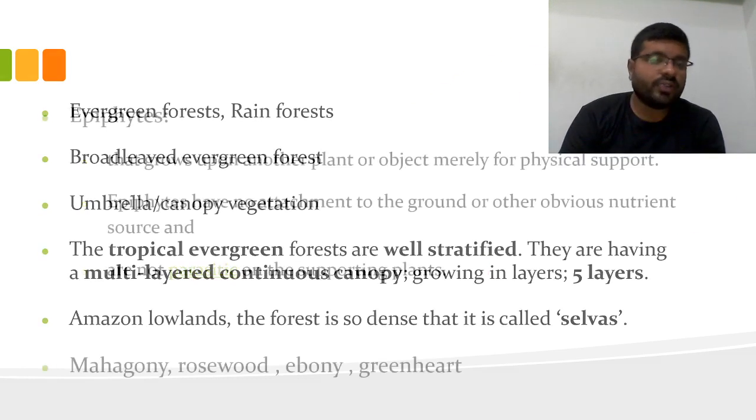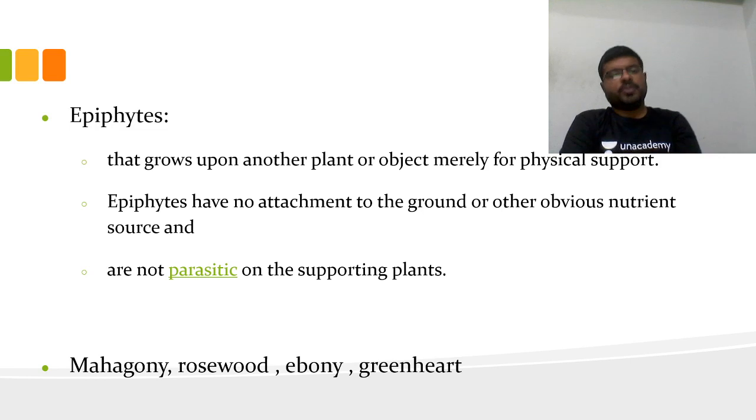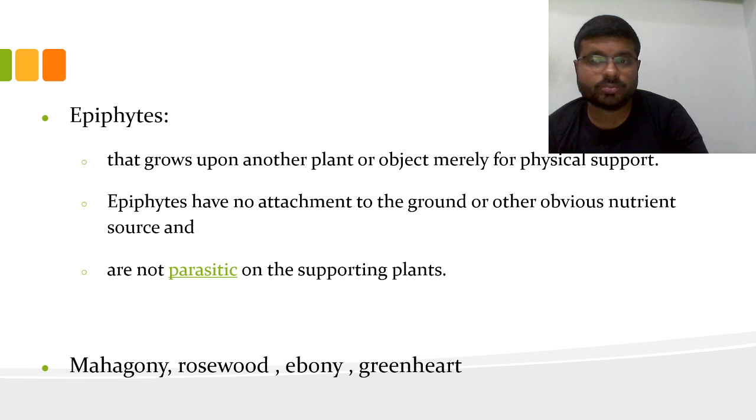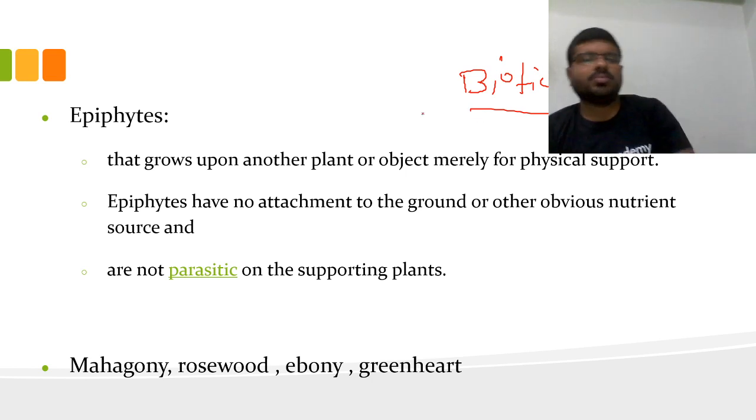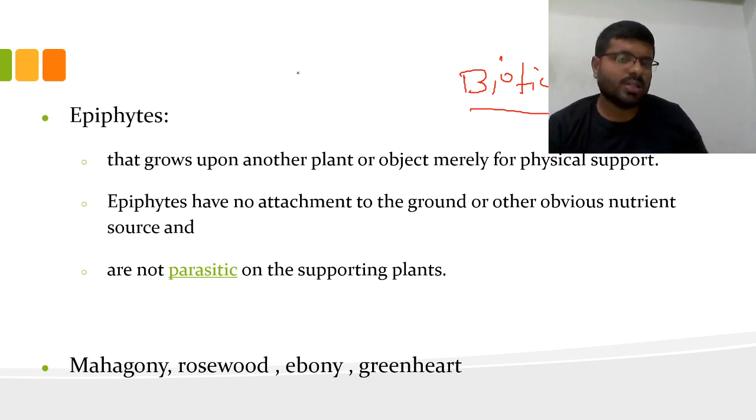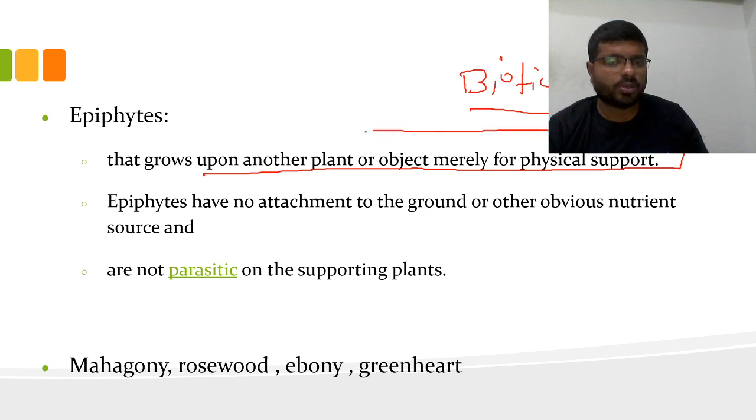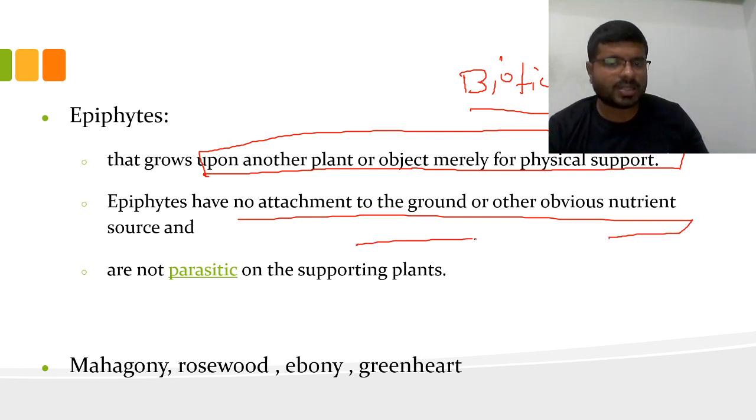Then another thing you find is epiphytes. I think we have discussed the concept of epiphytes as part of biotic interactions, along with amensalism, commensalism, mutualism, and so on. Epiphytes are plants that grow upon another plant or object merely for physical support. Epiphytes have no attachment to the ground or other obvious nutrient source and are not parasitic on the supporting plants.